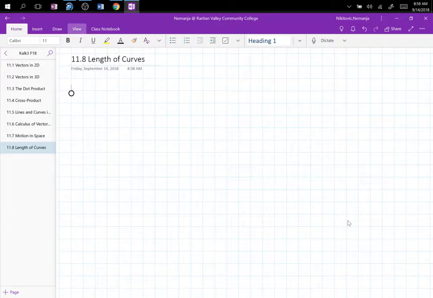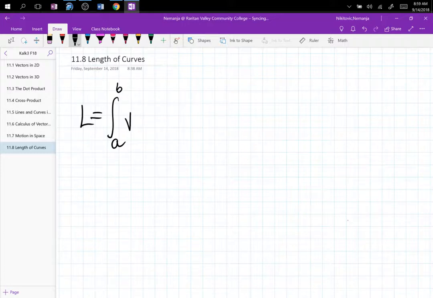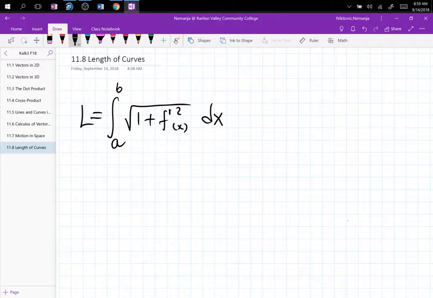So we are going to build up this Calculus 2 formula, which you are supposed to know from Calc 2, right? So the integral from a to b, square root of 1 plus f prime squared dx. Where is this formula coming from?